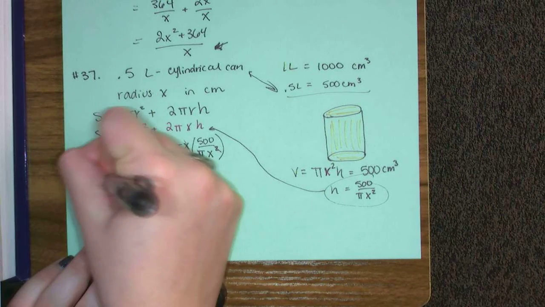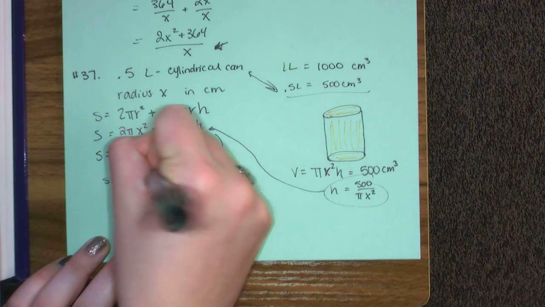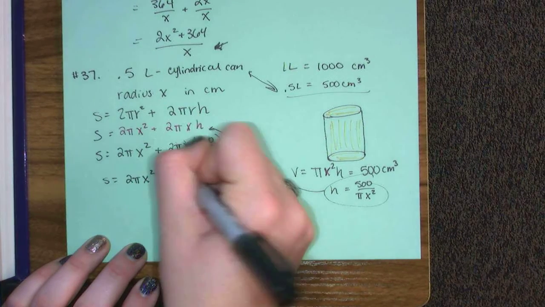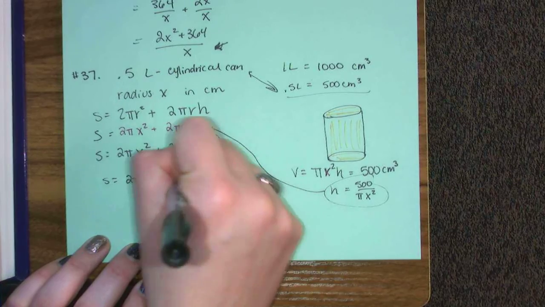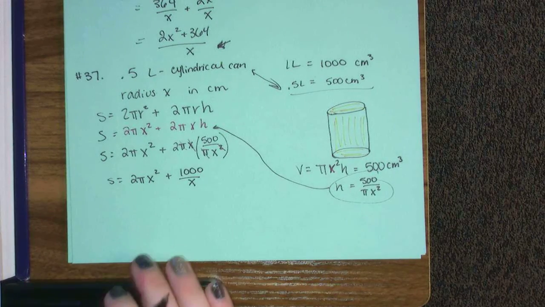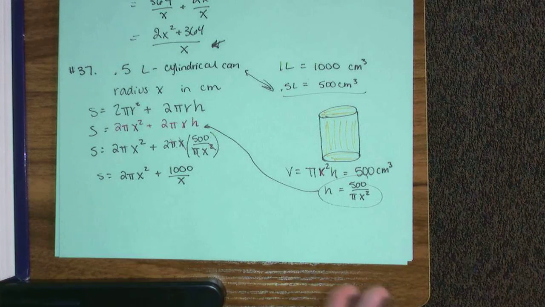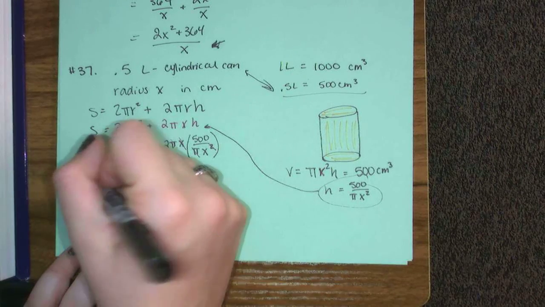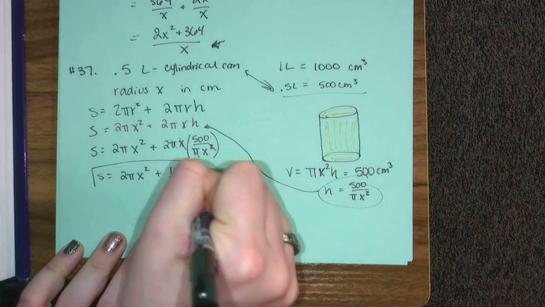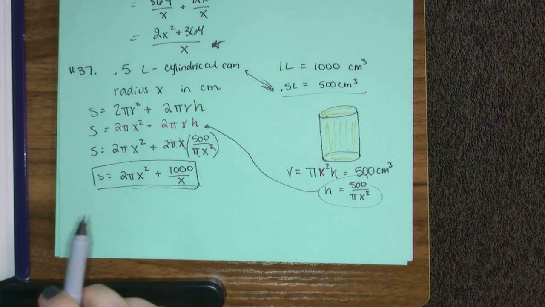So S is equal to 2 pi x squared plus 1,000 over x. Okay, I'm technically just looking for surface area, so if you want to leave it here, that's fine. If you want to get a common denominator, that's fine. But I would say just leave it there because I'm just looking for surface area.